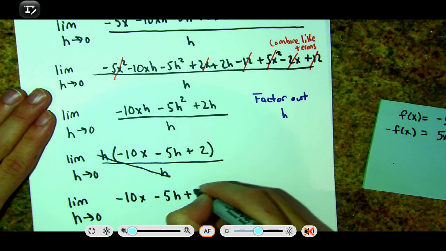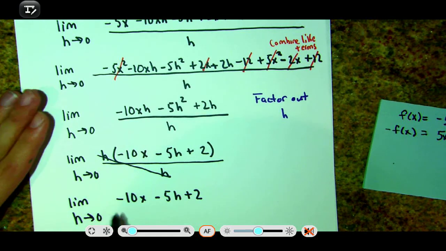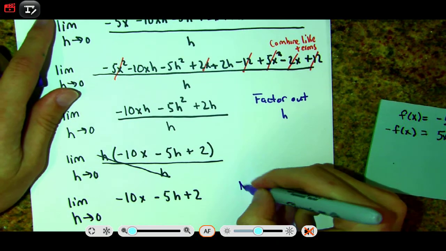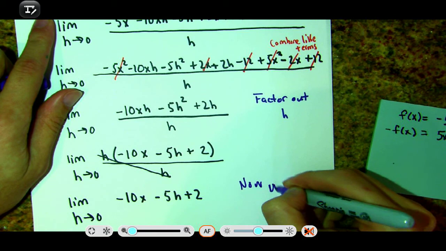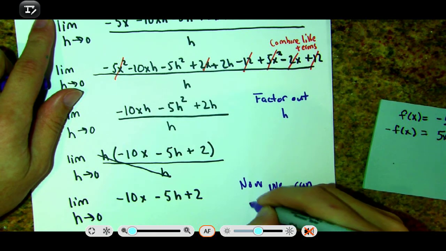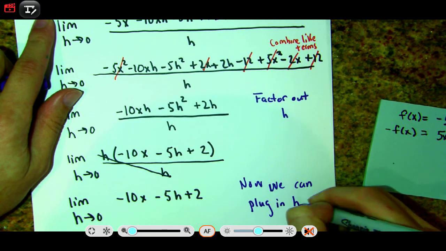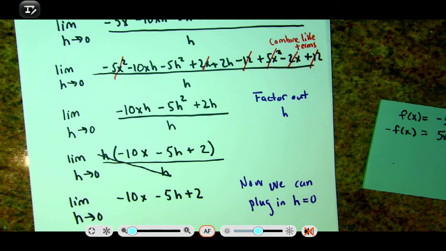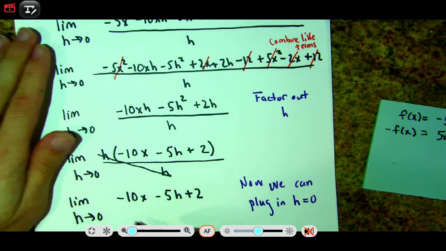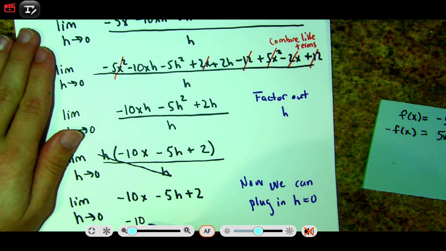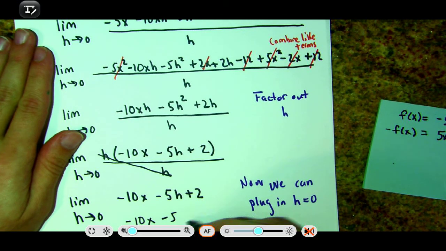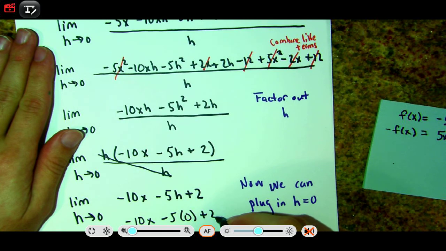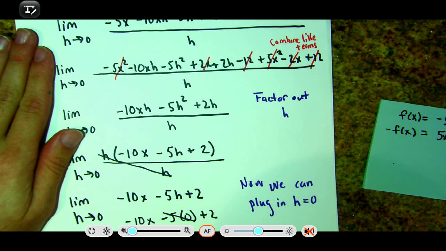Now we can plug in 0, and then what happens when h is 0? Then this becomes negative 10x minus 5 times 0 plus 2, but minus 5 times 0 is 0. So now we just have f prime of x is equal to negative 10x plus 2.